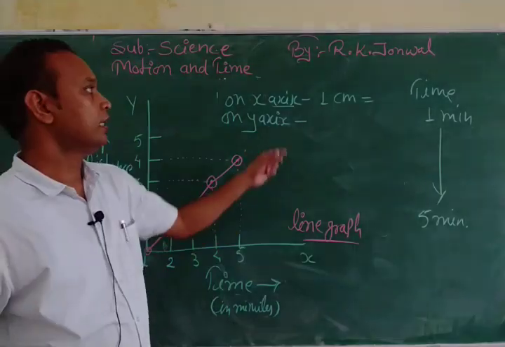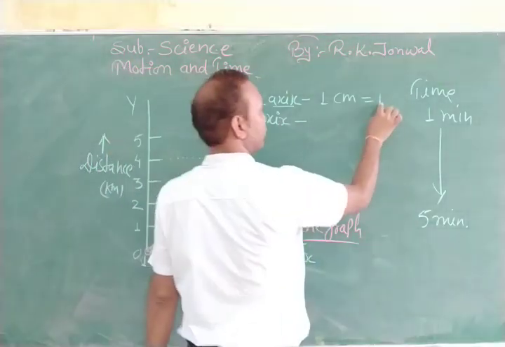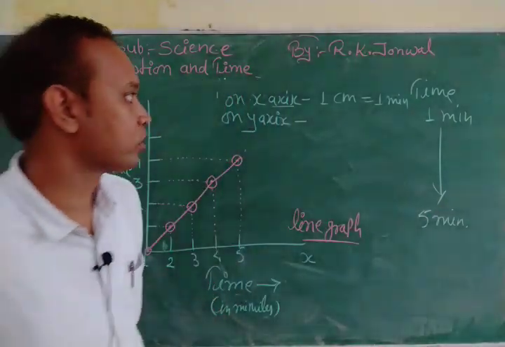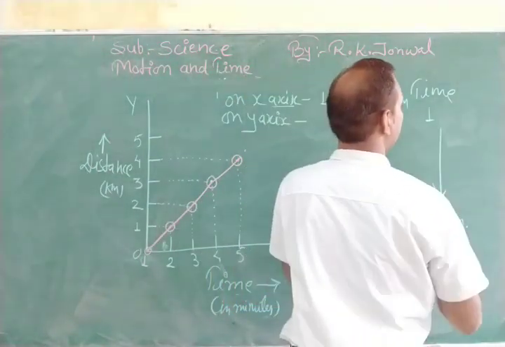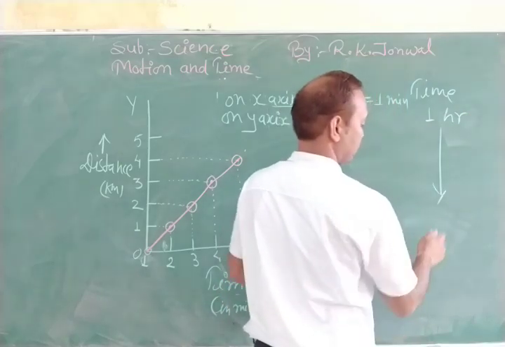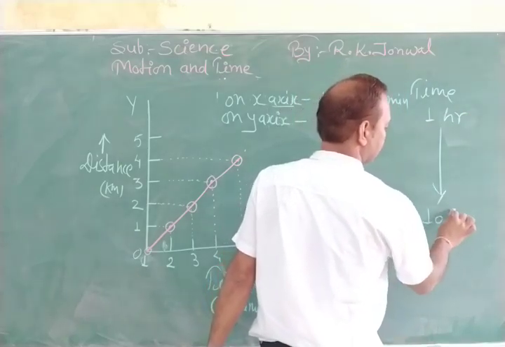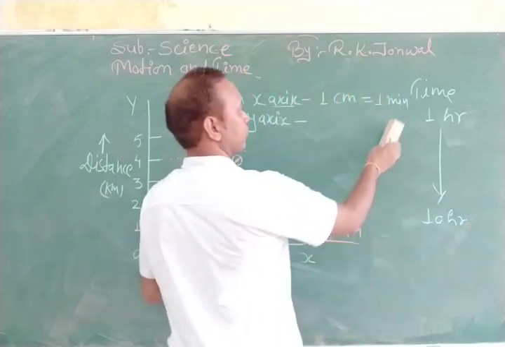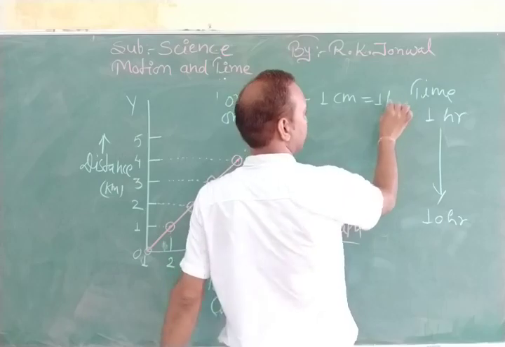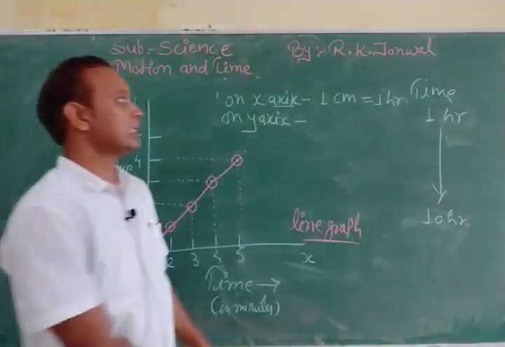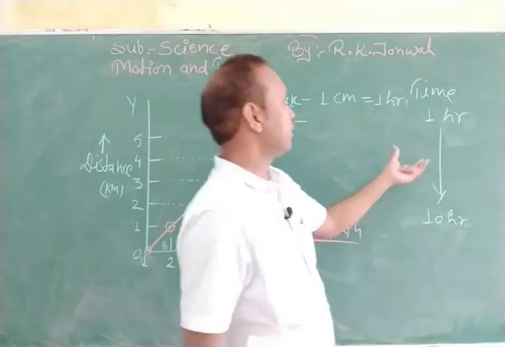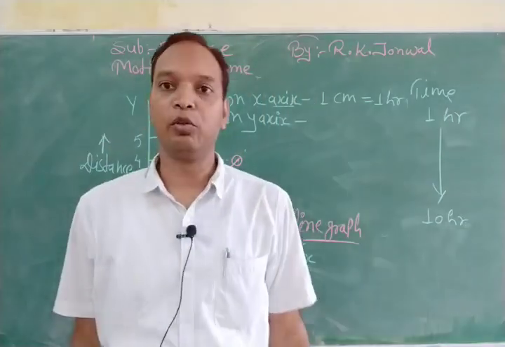So we can say 1 centimeter equal to 1 minute. If the variation is 1 hour to 10 hours, then we can take the value 1 centimeter equal to 1 hour. So students, we can change the values according to our given values.